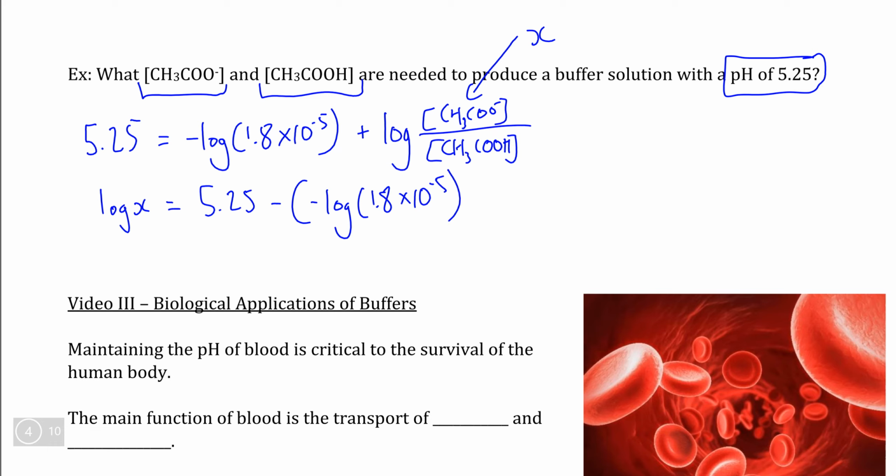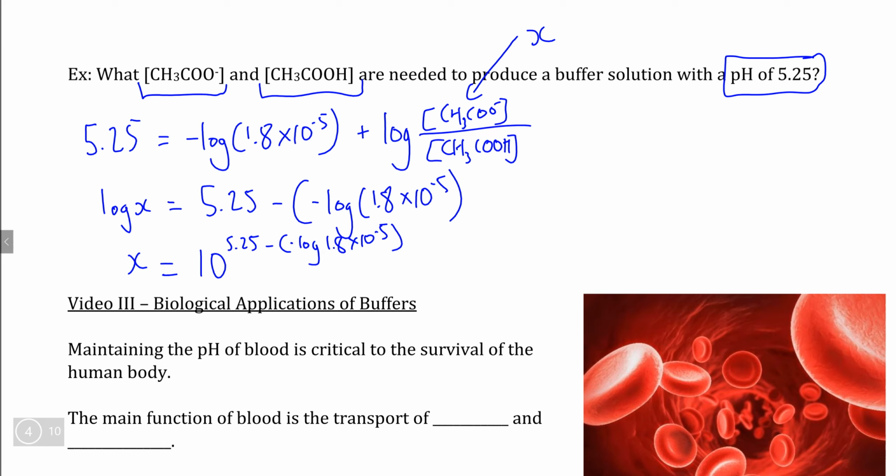And then from here, we know that the opposite of log is 10 to the exponent. So if we wanted to algebraically write this out, we would say that x is equal to the inverse log, which is 10 to the exponent of 5.25 minus the negative log of our Ka value, 1.8 times 10 to the negative 5, and we've gotten to this point without using a calculator.